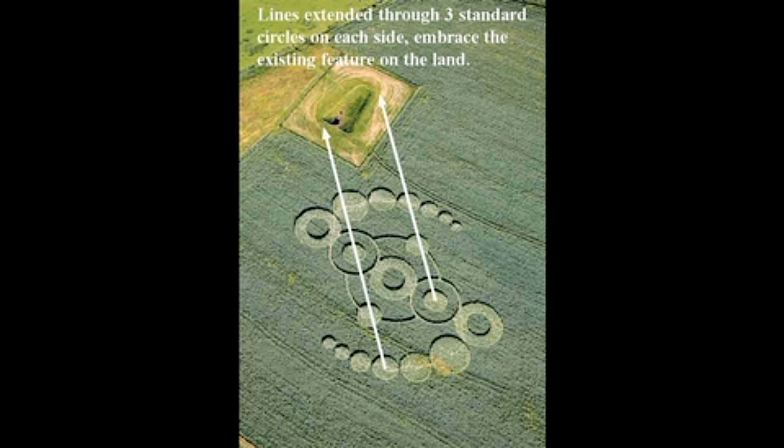Now, I showed this to our dear friend Janine Cronin, who immediately said, where do those lines point on site? So we took the photograph and we found that those lines precisely tangented and encompassed this very beautiful little known long barrow.